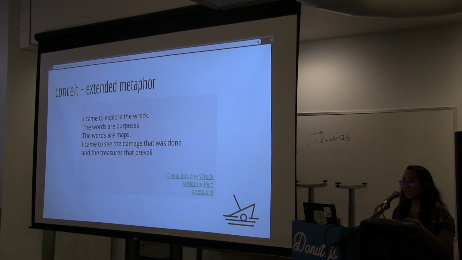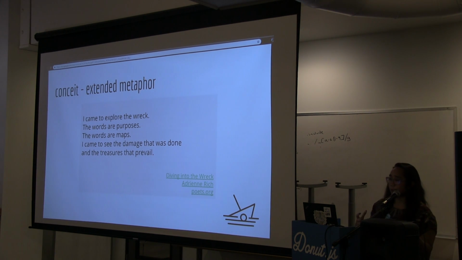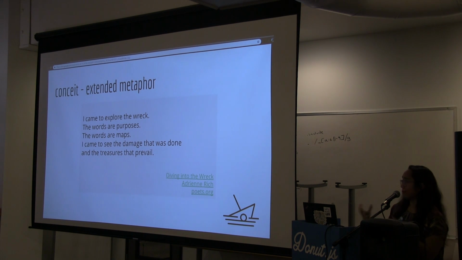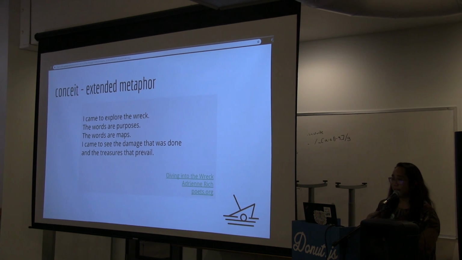And it's never explicitly stated, but one reading of this poem is that Rich is comparing a divorce with a shipwreck. And I think the lines, "I came to see the damage that was done and the treasures that prevail," really supports that idea and shows the speaker reflecting on both the positive and negative outcomes from divorce or a shipwreck.